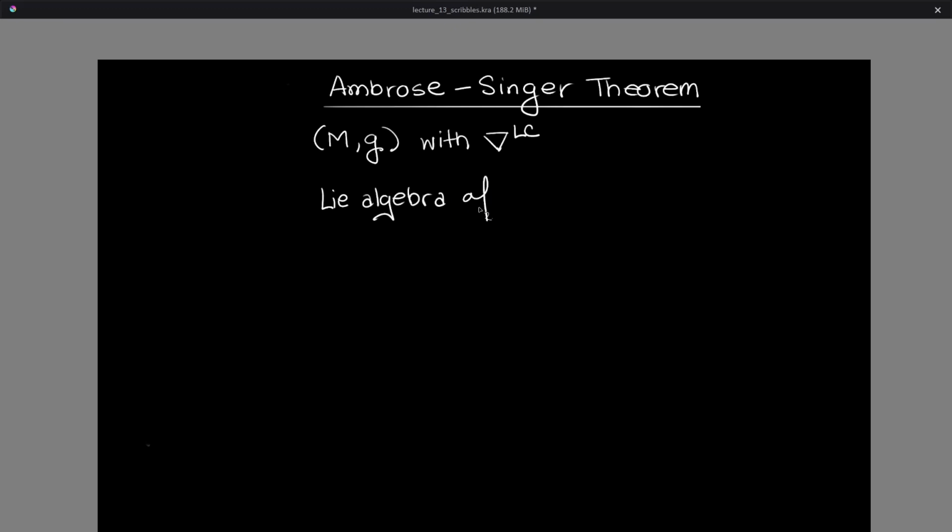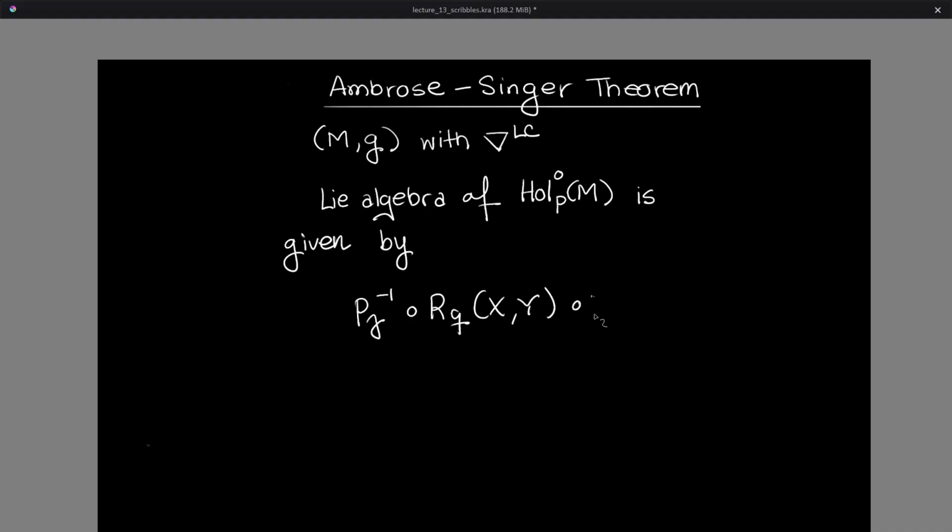of Hol_P^0(M) for a point P is given by P_γ^{-1} after R_Q(X,Y) after P_γ, which is an element of the endomorphisms on T_PM.